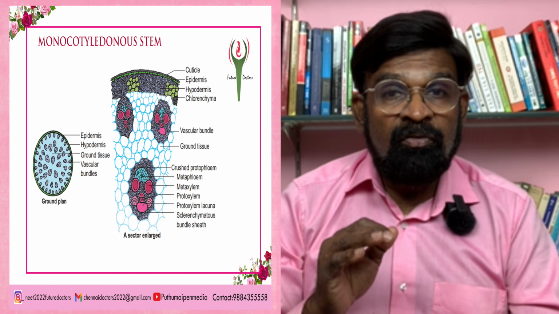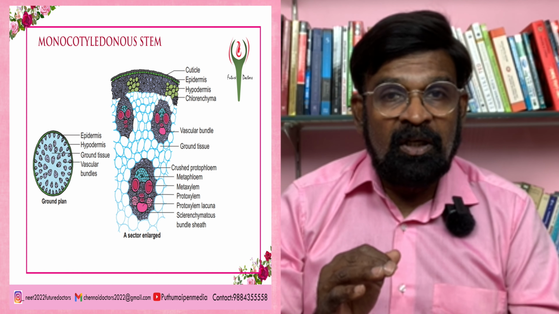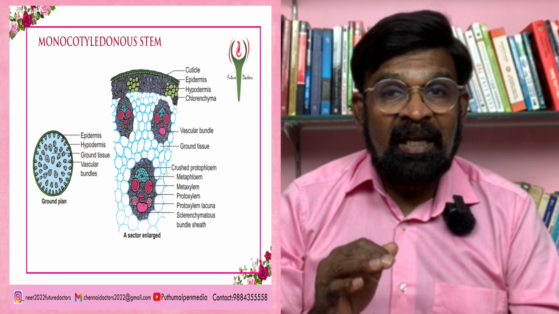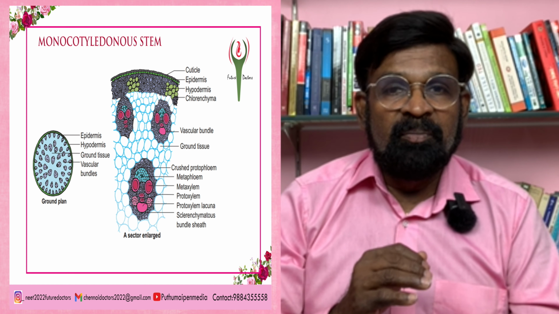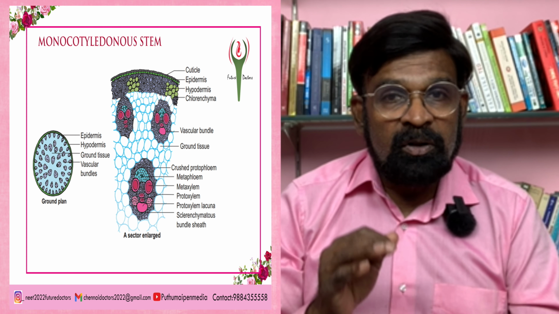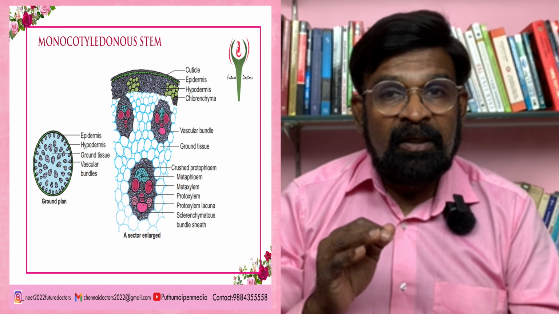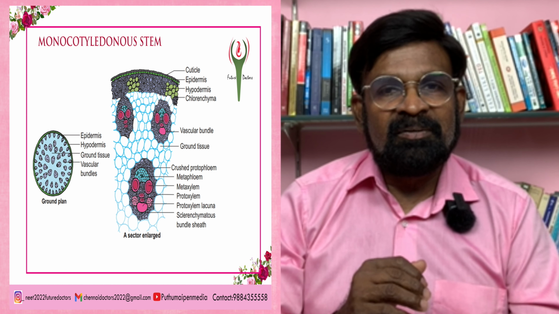The dorsiventral leaves are generally horizontal and sunlight falls on their upper surface. Epidermis. The epidermis covers both the upper and lower surface of the leaf. Upper epidermis.